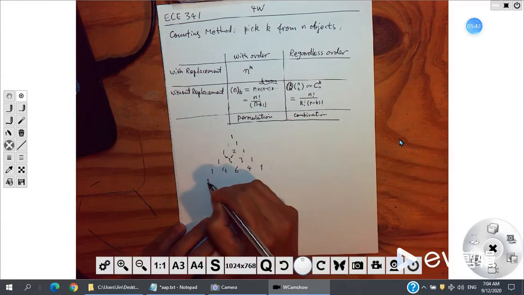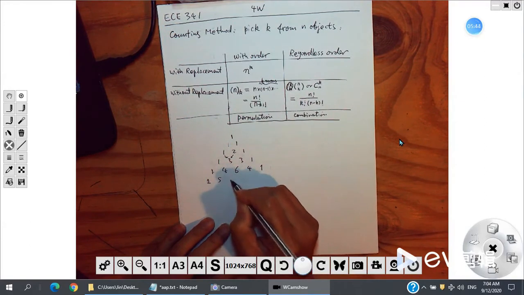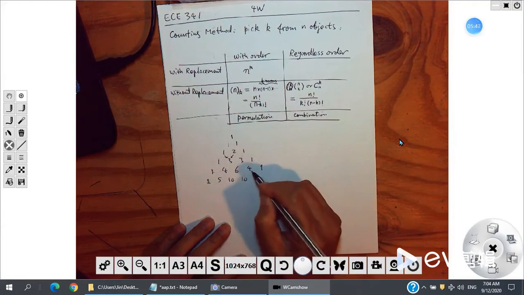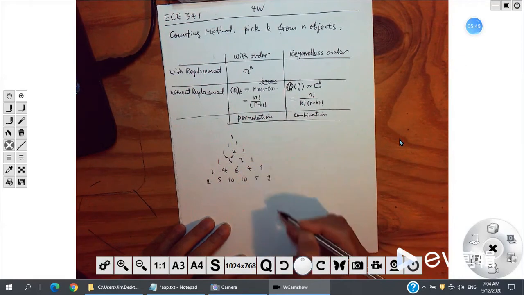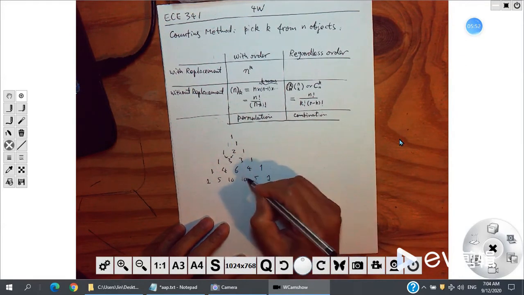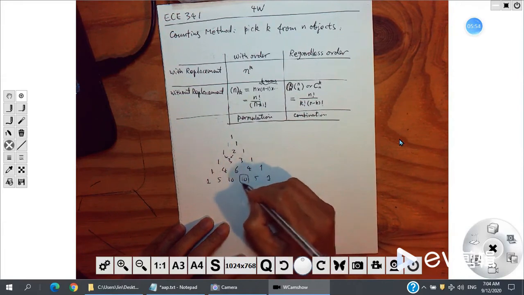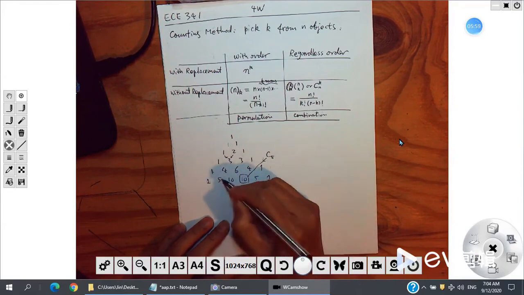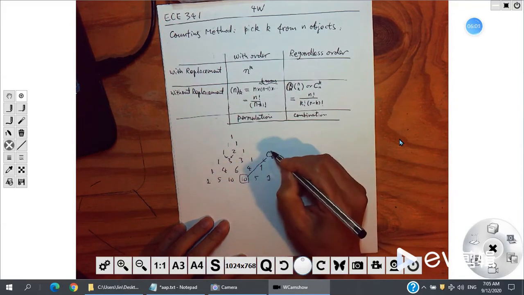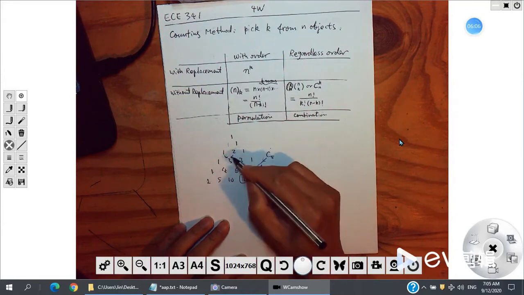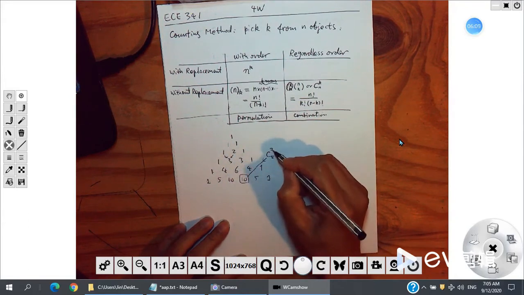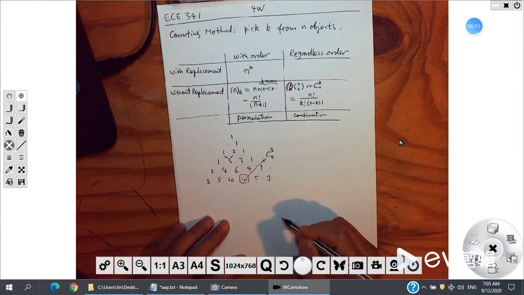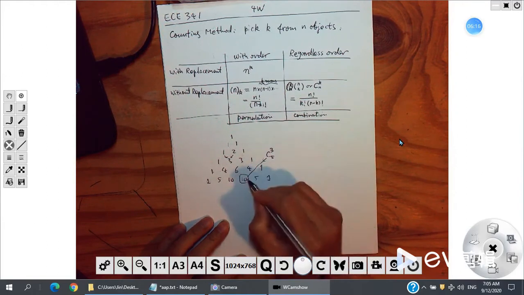Then 1, 5, 10, 10, 5, 1. So you can calculate it this way. For example, this one is 5 choose 3. It is the summation of these two.